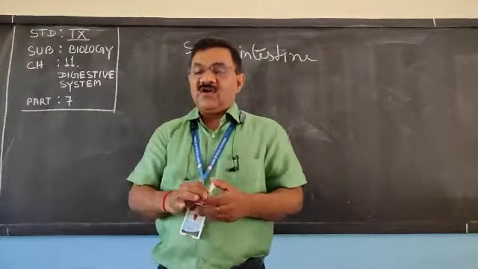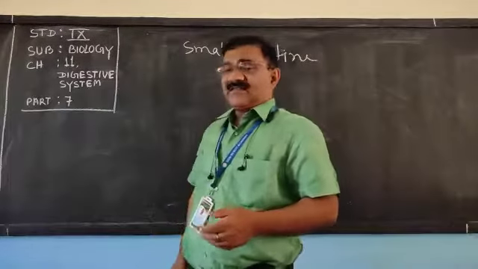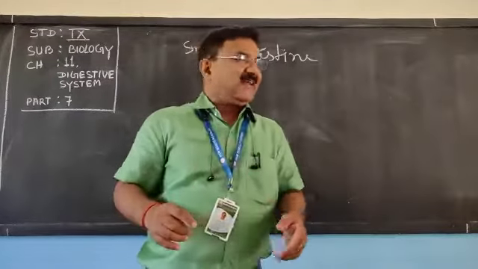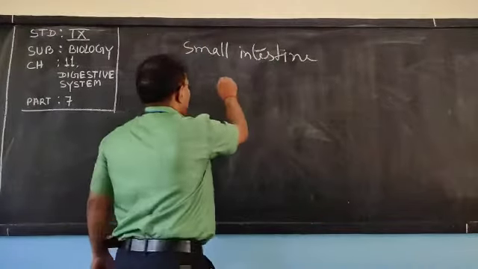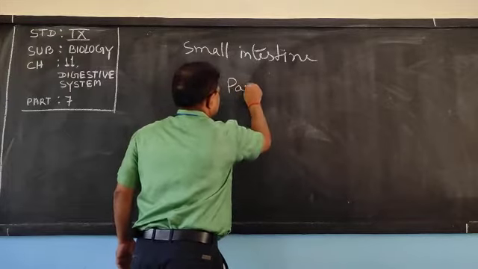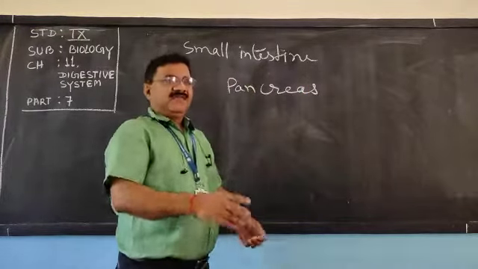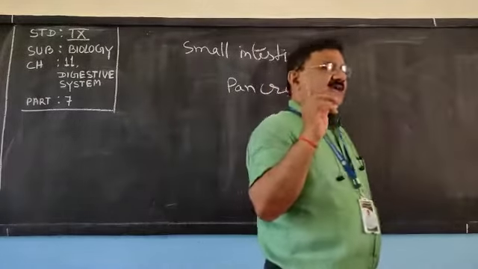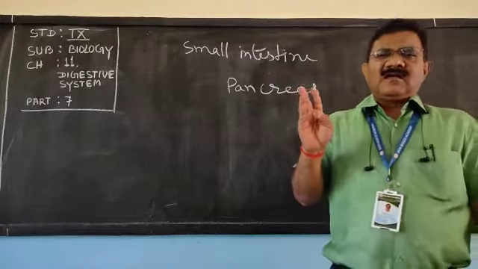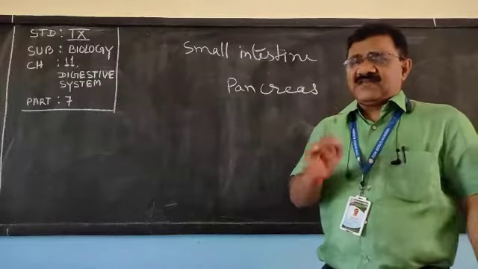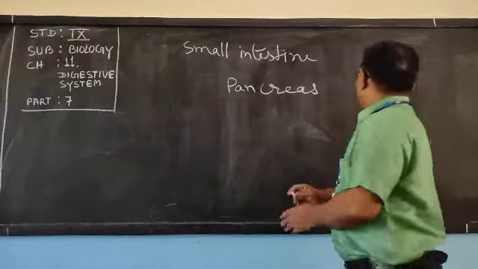We have discussed that. Today we have to discuss the secretion of the pancreas. Try to understand. If you are a bio student, you must know that in biology, location and function are very, very important. Let us see.